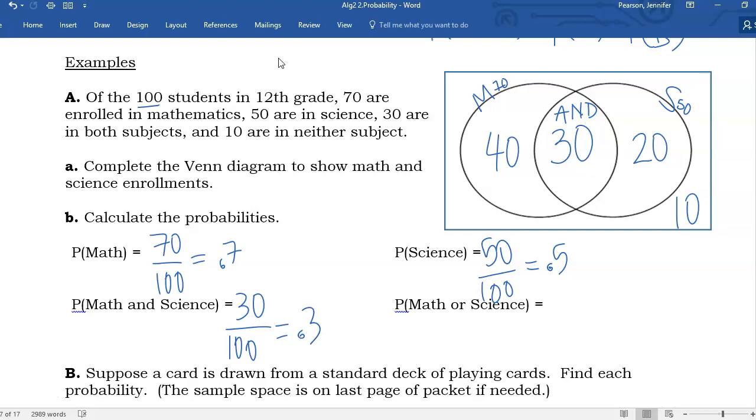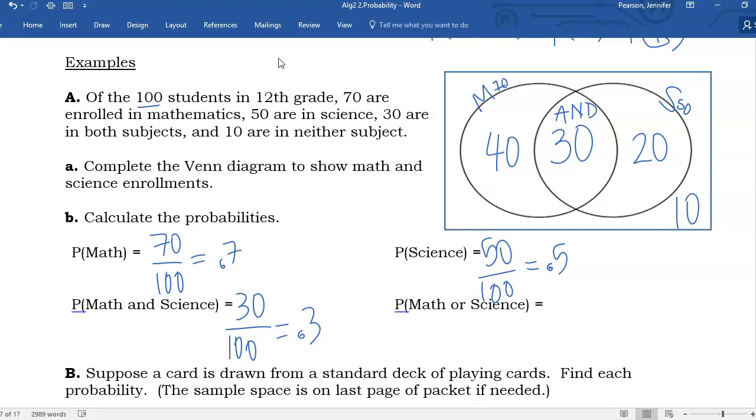And last, find the probability of math or science. Now this is our formula. If I just added up math, 0.7, plus science, 0.5, that's 1.2. And I know probability can't go higher than 1, right? I can't have 120% of students. That's why I need to subtract the overlap. If I add up the 70% of math plus the 50% in science, I just double counted that 30% in the middle.